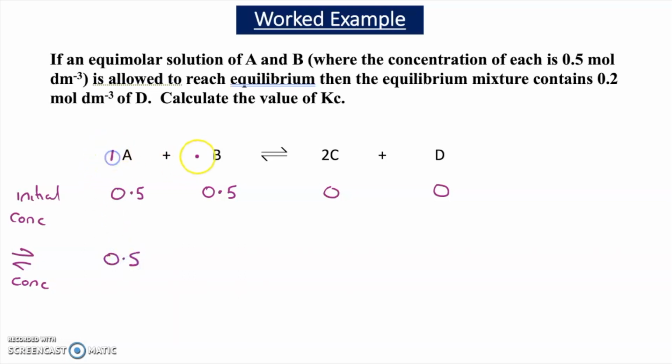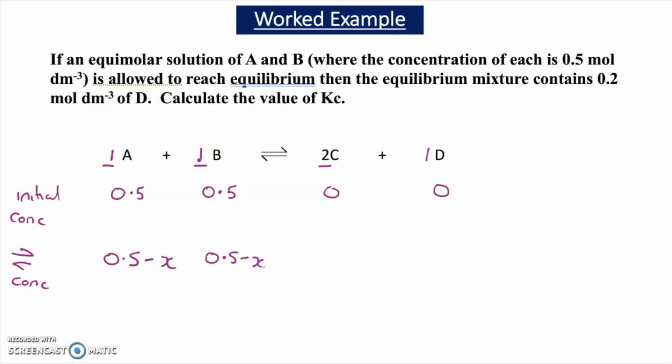Because 1 mole of A reacts with 1 mole of B to form 2 moles of C and 1 mole of D, I'm going to write 0.5 minus x to represent the equilibrium concentration of A, and it's 1x because we have 1A in the equation.